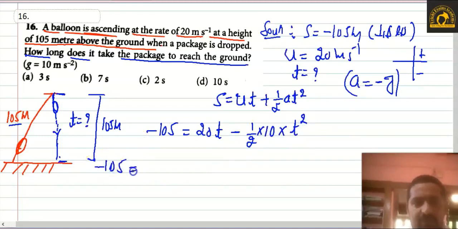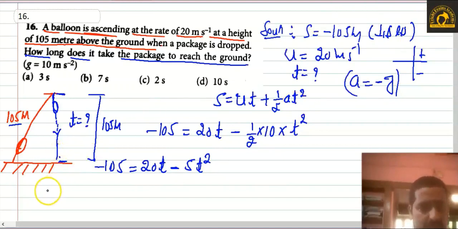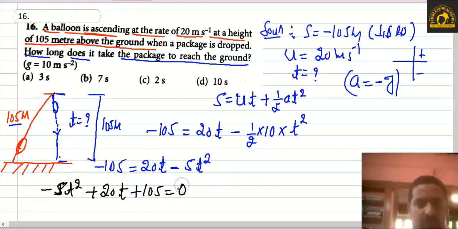Minus 105 is equal to 20t minus 5t square. So then 5t square minus 20t minus 105 is equal to 0.